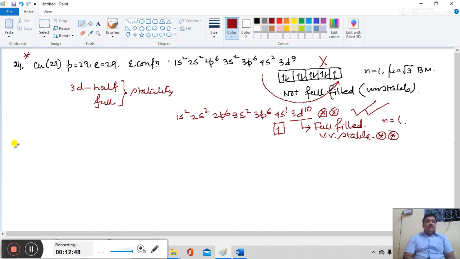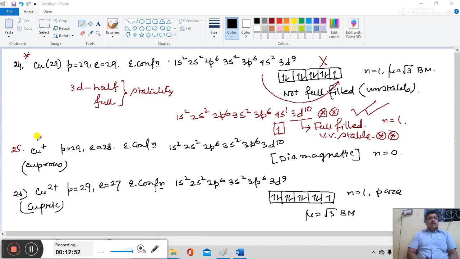The most important cation of copper is Cu+ cation. When copper releases its 1 electron from its outermost subshell, it converts to Cu+ cation. Now the outermost subshell is 4s. By releasing this 4s electron, it converts to Cu+ cation, which is diamagnetic in nature, having number of unpaired electrons 0.